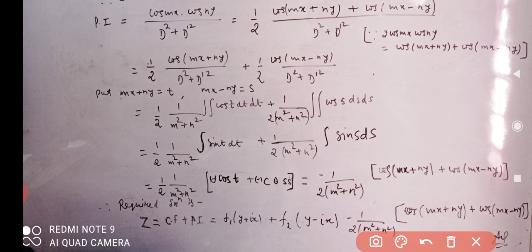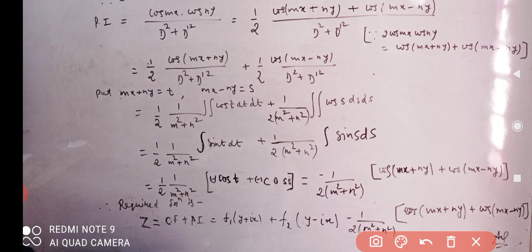Now this equals 1 by 2 times 1 by m square plus n square, integration of sin t dt. The integral of cos t gives sin t. Plus 1 by 2(m square plus n square), and integrating this part gives sin s, so we have integration of sin s ds.